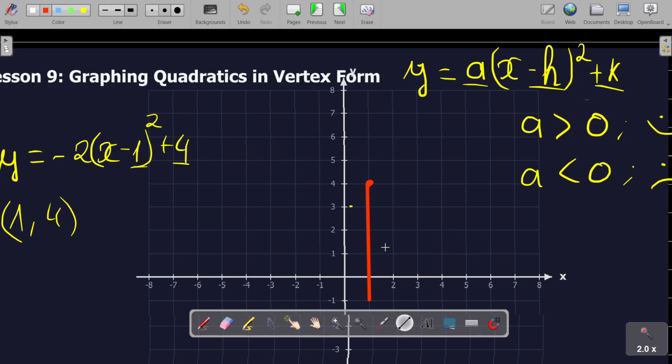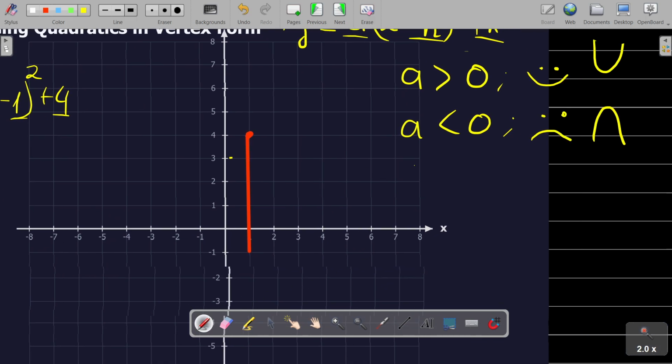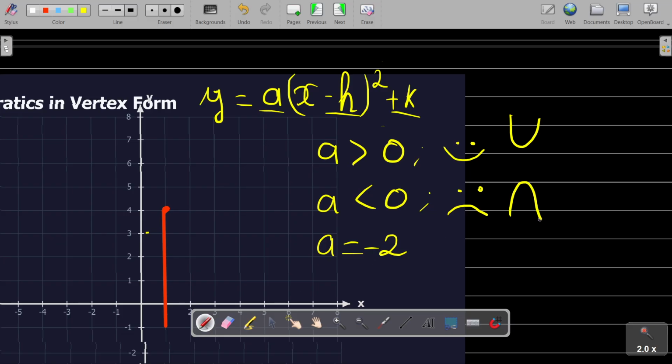Now I am going to write the a. What is the a? The a is minus 2. Because a is less than 0, because minus 2 is less than 0, I will have a sad face.